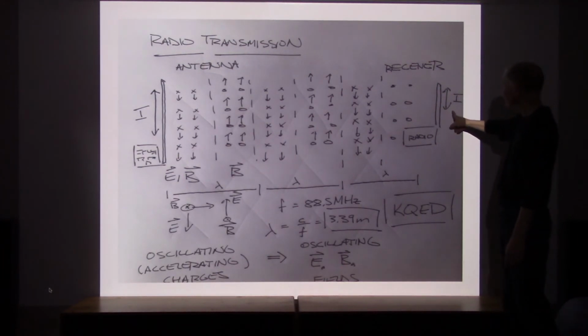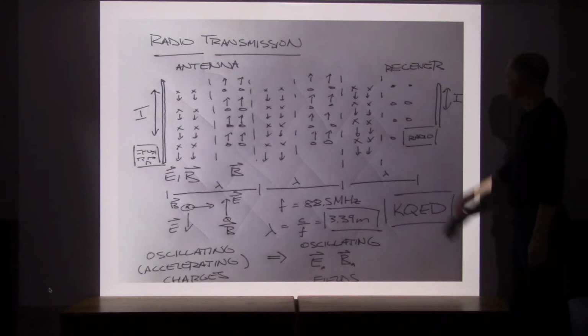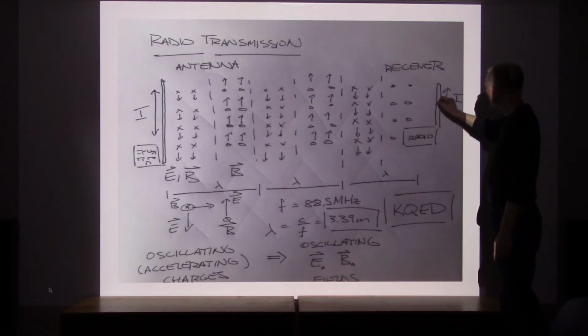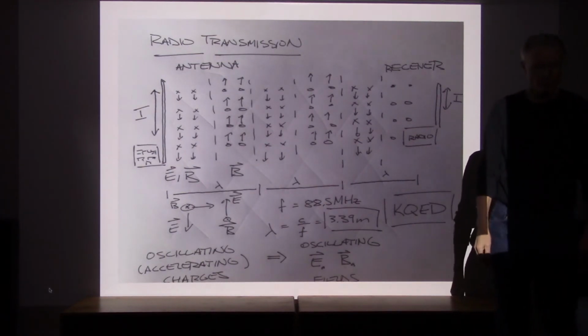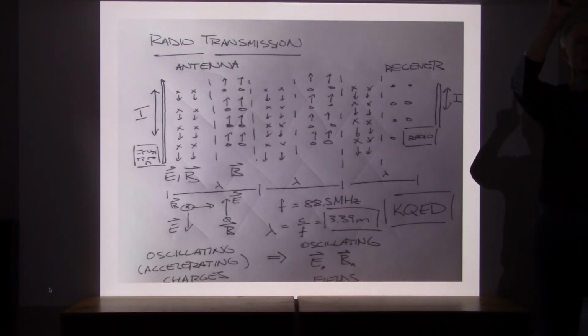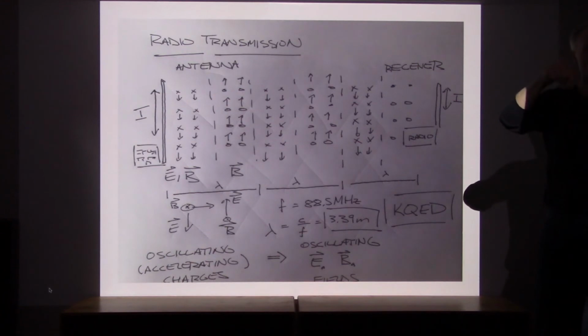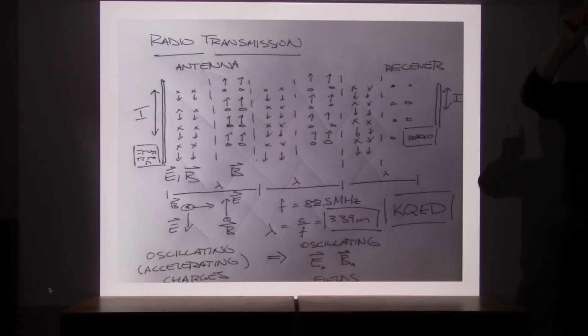Well, if this antenna is oriented the same way that one is, the electric field components will accelerate the charges. The electric field components are going to push the electrons and then push them in the other direction and push them in the other direction.